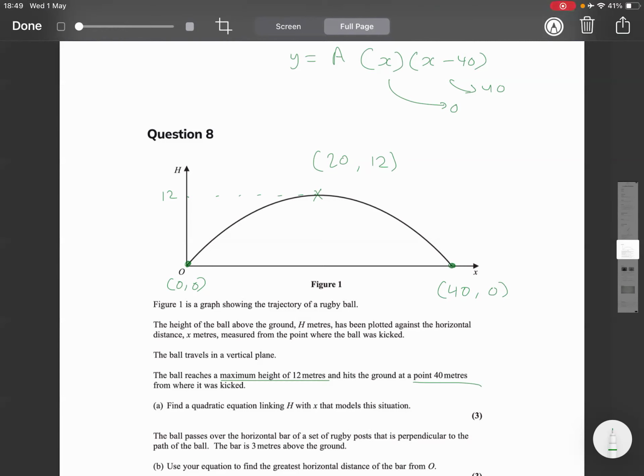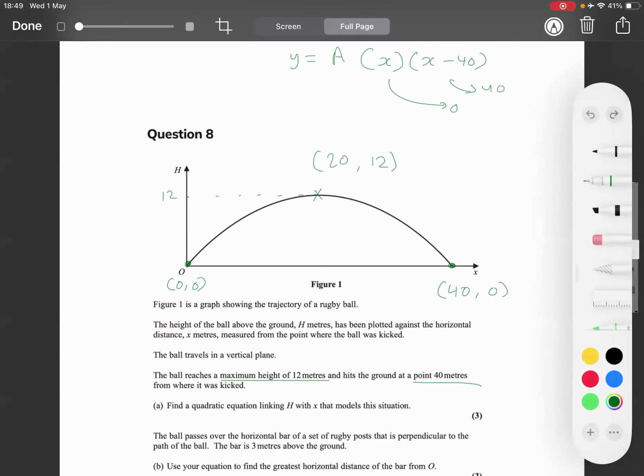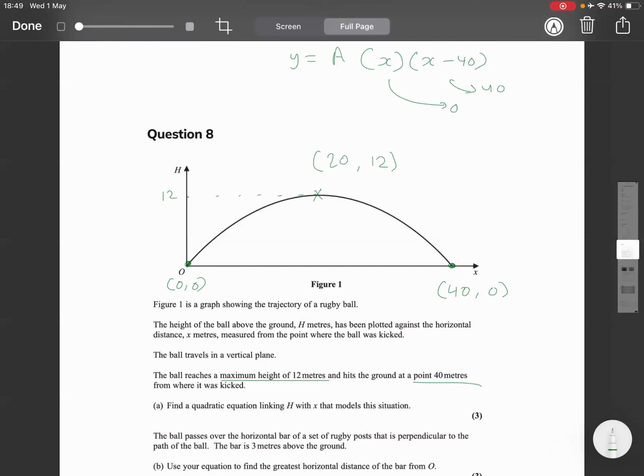How do you work out the A? By subbing in coordinates. You can pick the others, but you'll find you get 0 equals 0. It won't work, but that's fine. Just try another coordinate. So let's sub in 20, 12. 12 equals A times 20 times 20 minus 40.